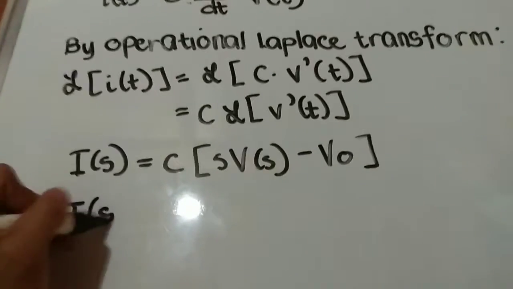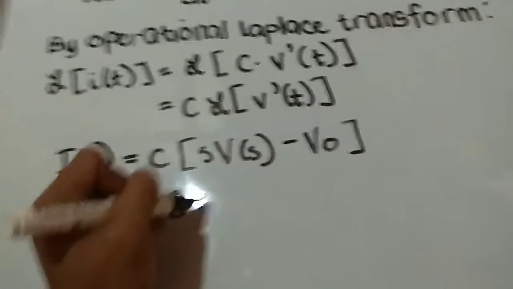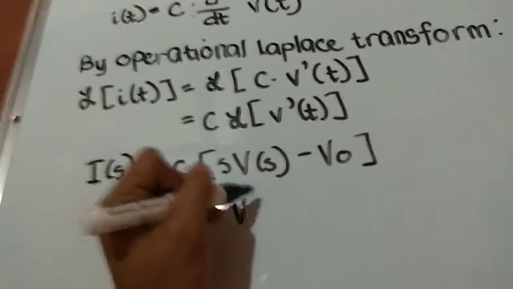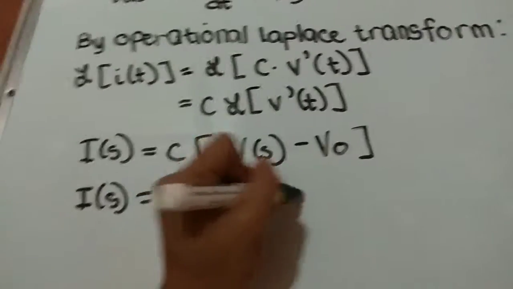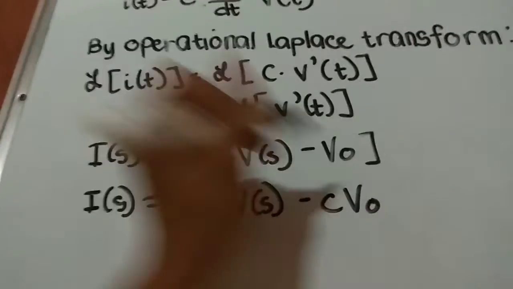So I(s) is equal to sC times V(s) minus C v0.